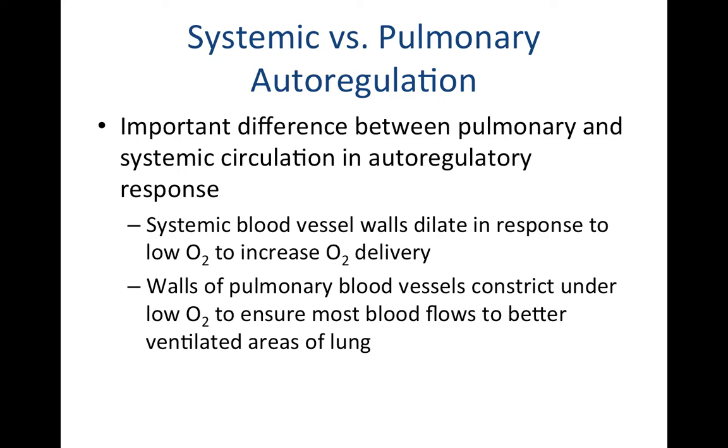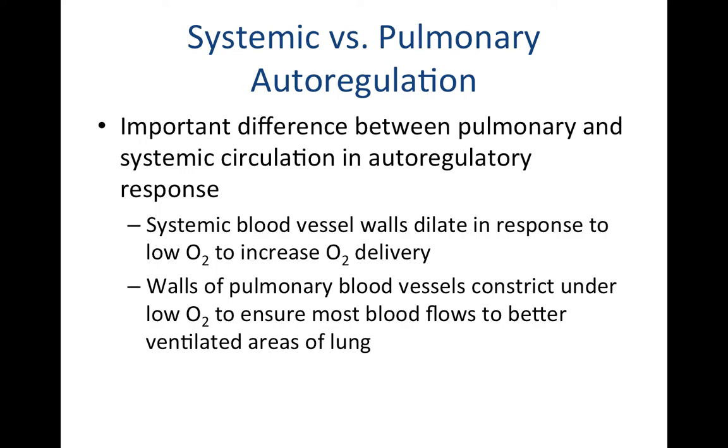In systemic vessels, so everywhere except your lungs, in systemic blood vessels, if you have hypoxemia, you have dilation of blood vessels. If you think about it from a logical point of view, blood is flowing through your arteries. It comes to an area of your body that is very busy. You have a lot of metabolic processes going on.